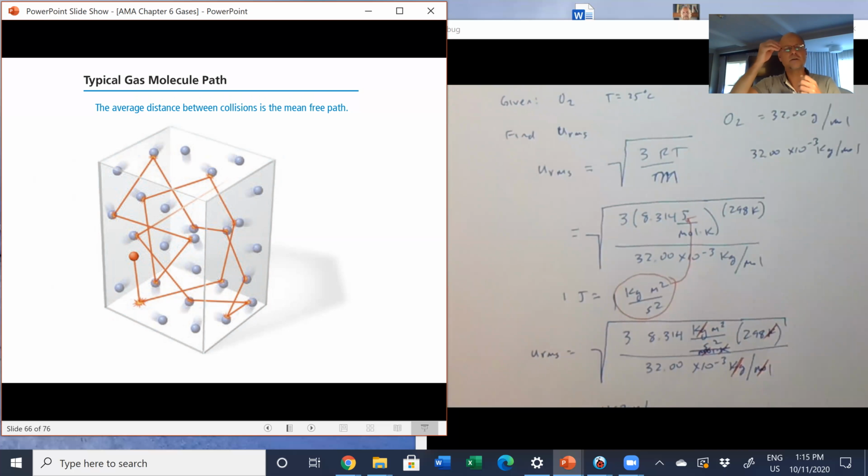It registers in your nose, and that sends a signal to your brain. And you go, ah, that's a nice smell because it's perfume, right? But if I open a bottle of perfume in the front of the room and the molecules are traveling at 500 meters per second or something like that, why don't you smell it instantly?